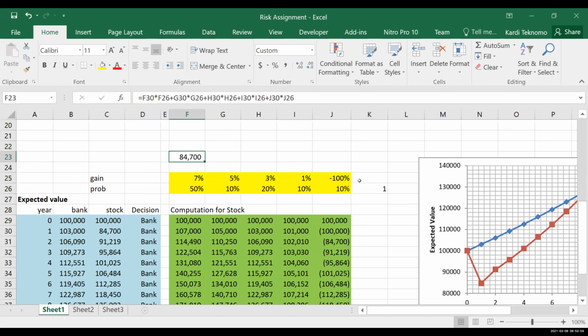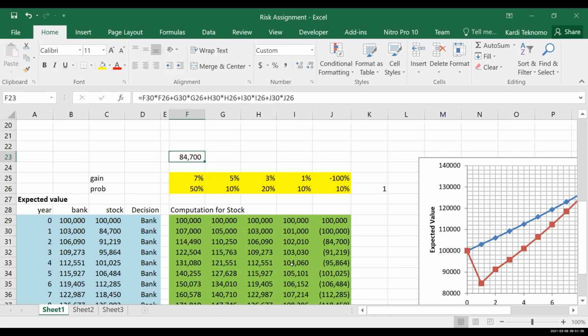So to find out the value in J31, you cannot just do like the minus, because I thought it would be minus 90,000. So you use sum product to find it. You need to multiply each value by its probability, and then you sum. Remember, risk is probability times value.